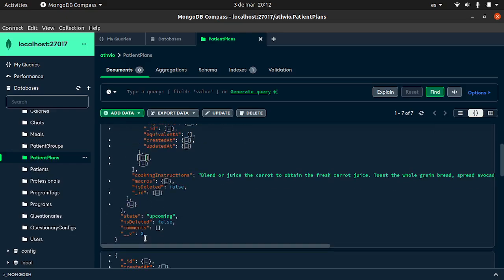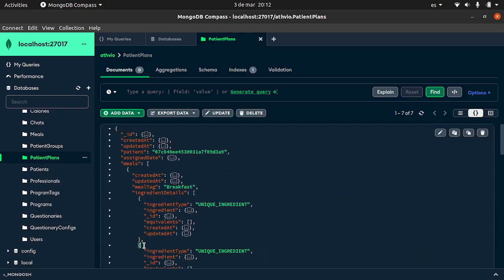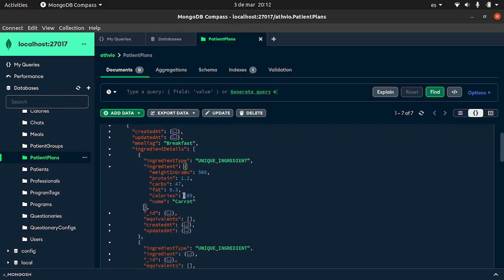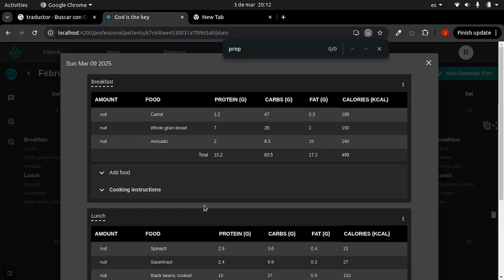Ingredients. I want to check that. Carrot. Basically, the weight in grams is 500 grams. I believe that is my problem in that case.